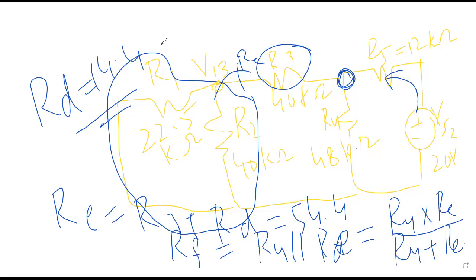So what is the value of R4? R4 is 48 kilo ohm, and the value of RE is 54.4. I am calculating on the calculator: RF equals 54.4 multiplied by 48, whole divided by 54.4 plus 48.